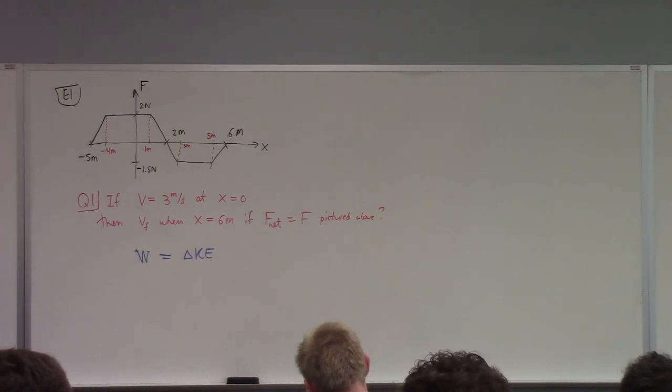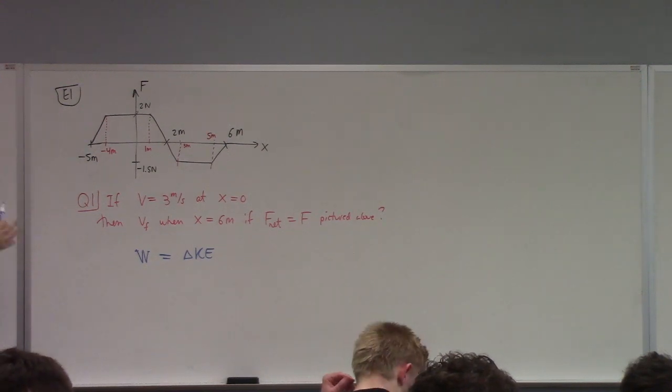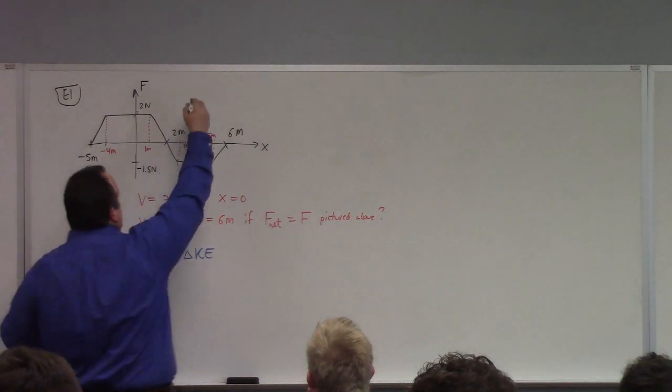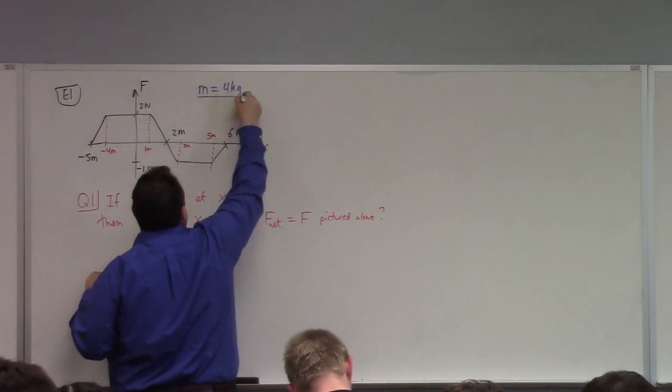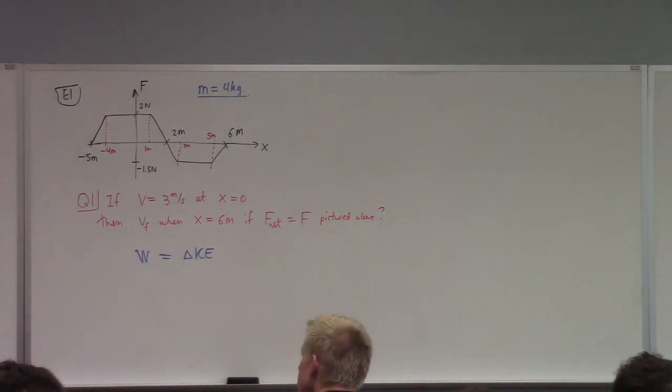But I've given you the values for the force and the position on the graph explicitly, right? But to actually connect to energy, we need to know what? Mass, right. So let's make the mass equal to 4 kilograms so that we don't have to deal with nasty fractions, all right?